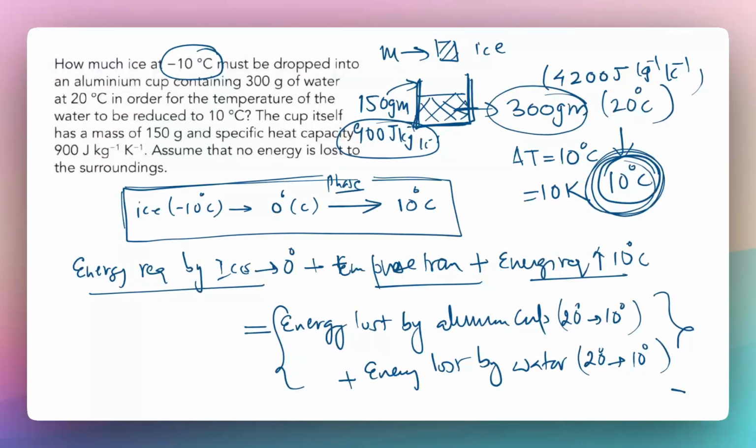Then that ice converts at 0 degrees Celsius to water, and for that we use the latent heat of the ice, which we have written is 334 kilojoules. And then once it's converted to water, the same mass is going to increase its temperature by 10 degrees, and all that energy is going to come from the aluminum cup as well as the water inside the cup. And this is how we'll solve this problem.